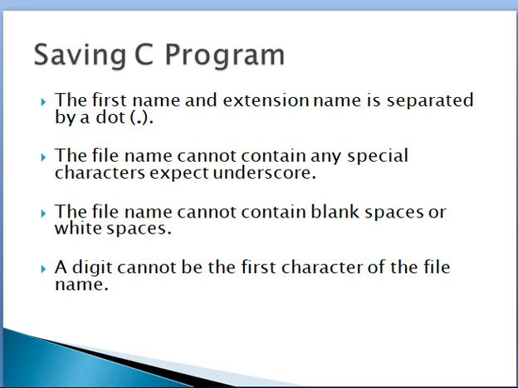You must remember these three points while you are giving a file name for the C program. The first: the file name cannot contain any special characters except underscore. The special characters are @, hash, dollar, percentage, ampersand, like that. So don't use those special characters while giving the file name for a C program.